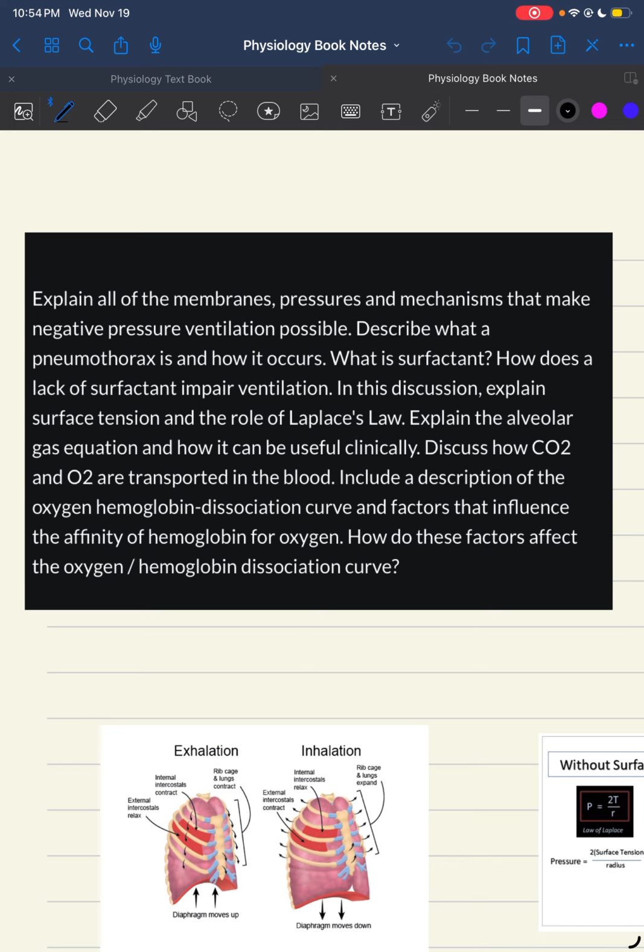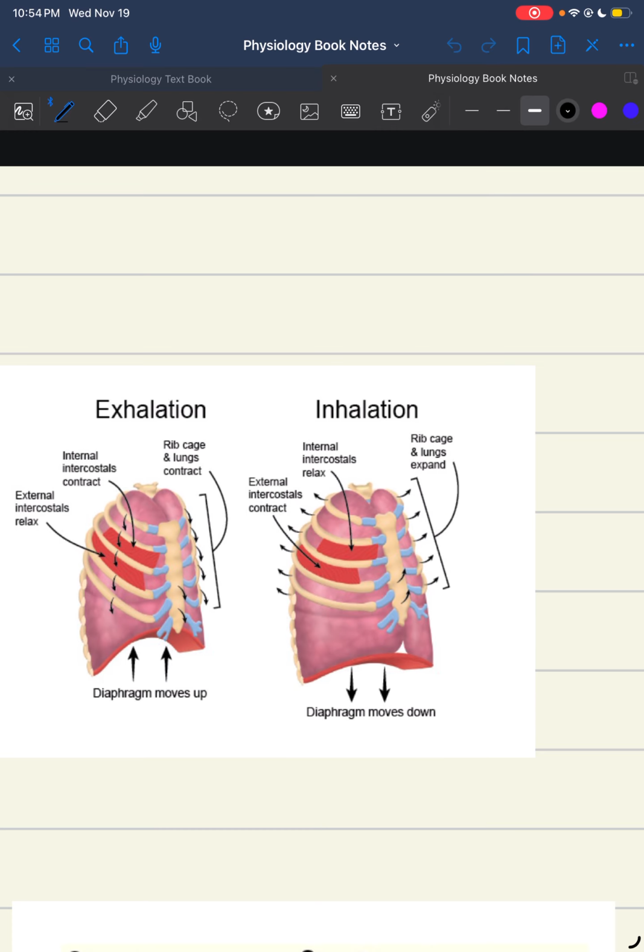So, negative pressure ventilation. Normal breathing in humans occurs through a process called negative pressure ventilation. This happens because the pressure inside the chest is made lower than the pressure in the atmosphere, which pulls air into the lungs.